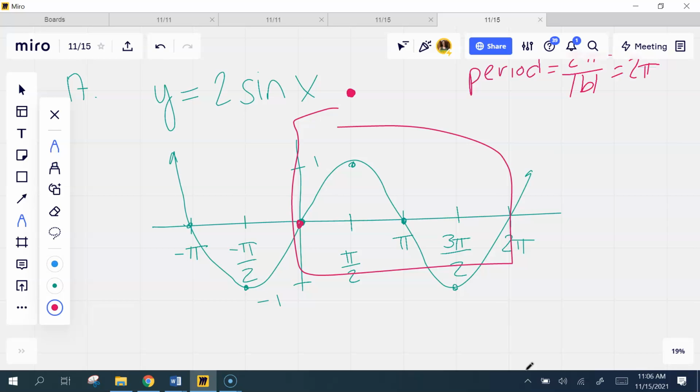Only do the y since it's a vertical stretch. So pi over 2 stays pi over 2, but the y becomes 2. Remember, it's vertically stretching. My x is staying the same, but I'm stretching it out this way. How about this point? -2. And then, of course, the 0. So this would look like that in just one period. I am going to stop there because I don't want to throw too much on you.